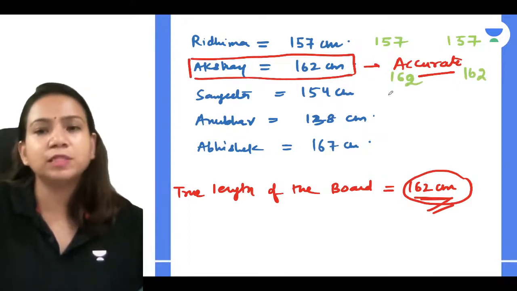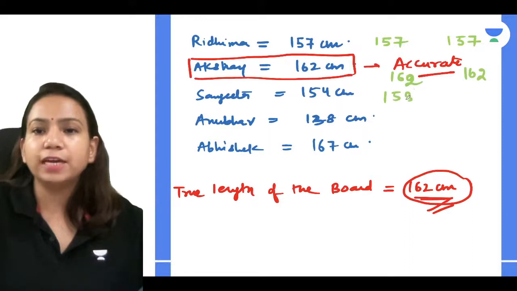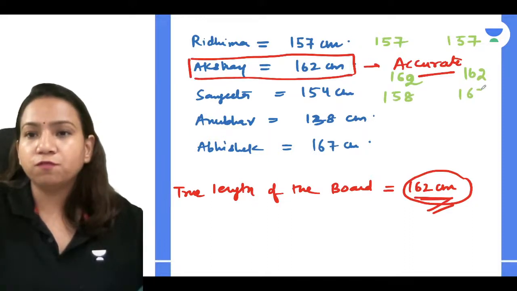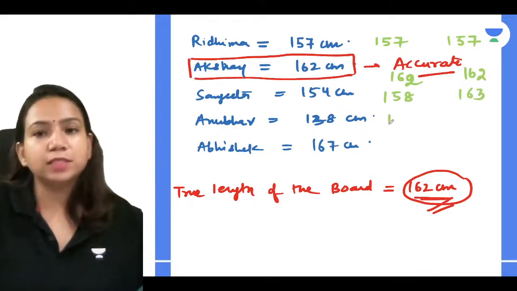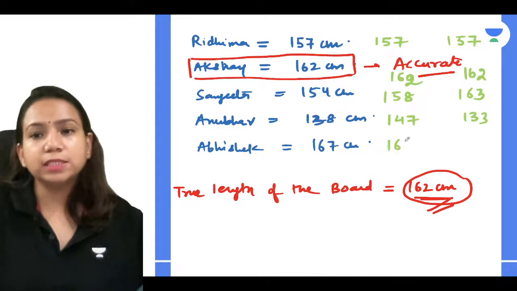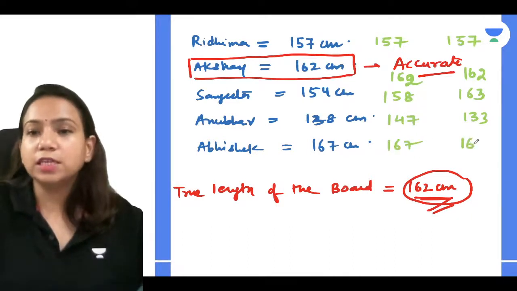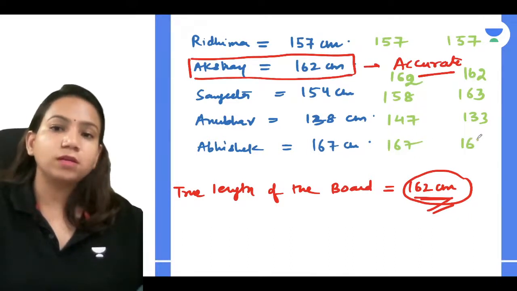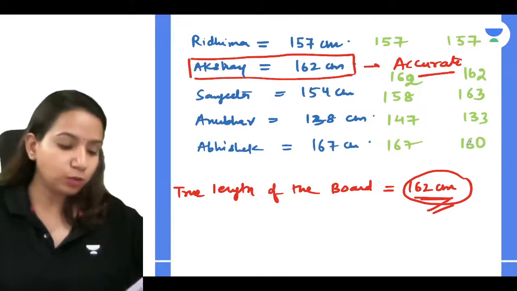But Sangeeta came and said one time 158, one time 163. Anubhav came, said one time 147, 133. Abhishek said 167 and 160, 160. Okay, so this is what you can relate.